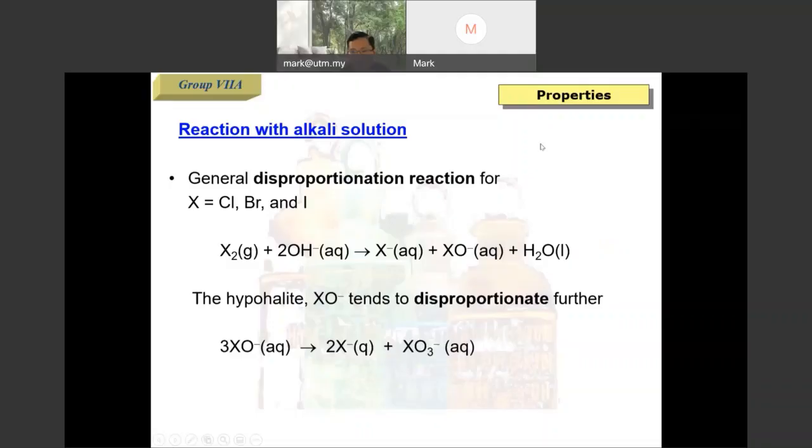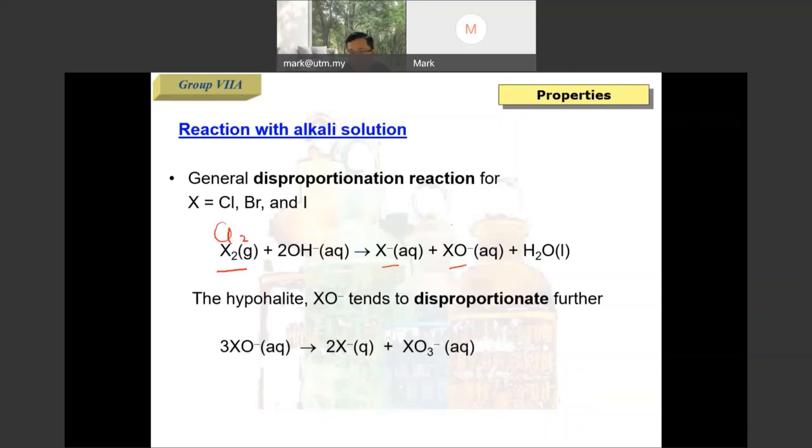Another reaction is with the alkaline solution. It also has the disproportionation reaction. If you take an example of chlorine gas, it reacts with the base, hydroxide ion, and forms the chloride ion and the hypochlorite.